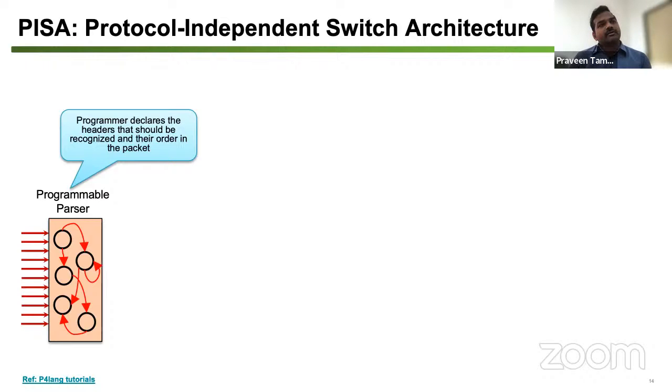For instance, you could program this parser to recognize Ethernet headers first, followed by, based on the Ethernet type, you can go to a state that processes VLAN, or you could go to a state for an IP packet. And once you go into IP, based on the proto field, you could go either the TCP path or the UDP path.